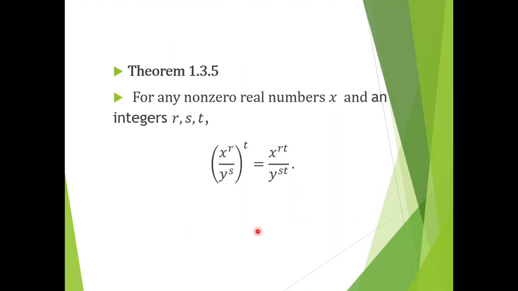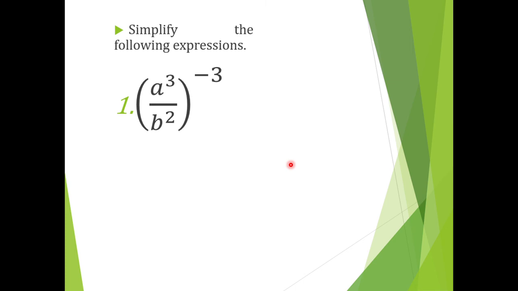For any non-zero real numbers x and y, and integers r, s, t: x raised to r over y raised to s, all raised to t. So, dinistribute lang natin siya. X raised to rt over y raised to st. Diba? So, ganyan lang. I-distribute lang natin yan.